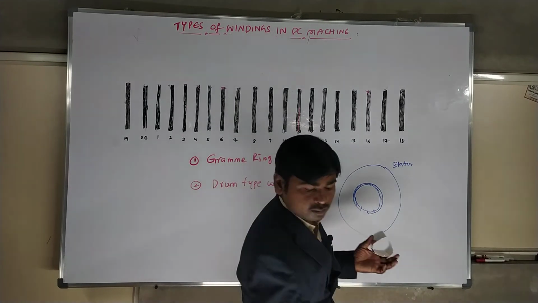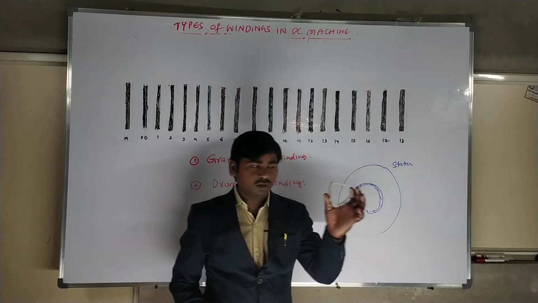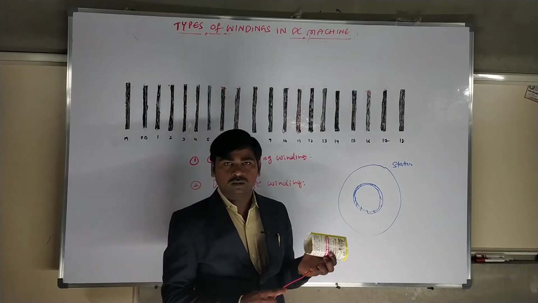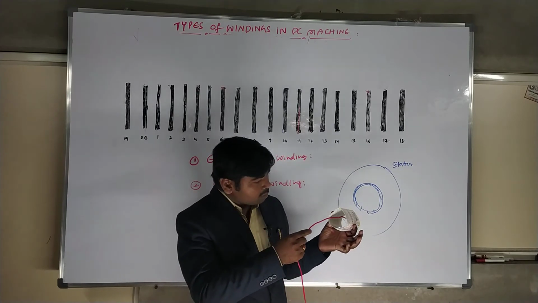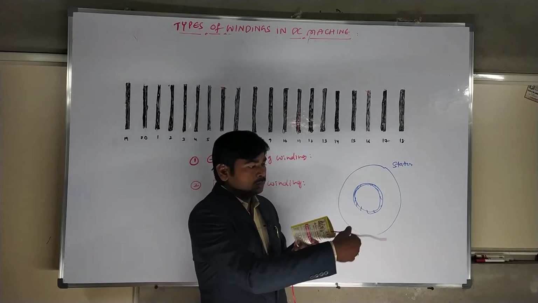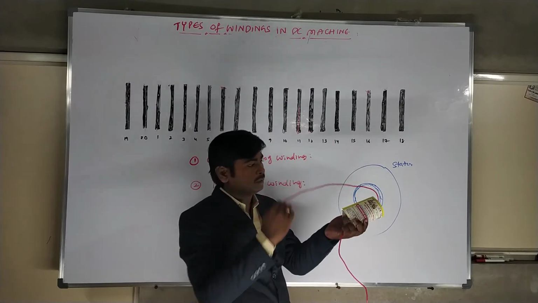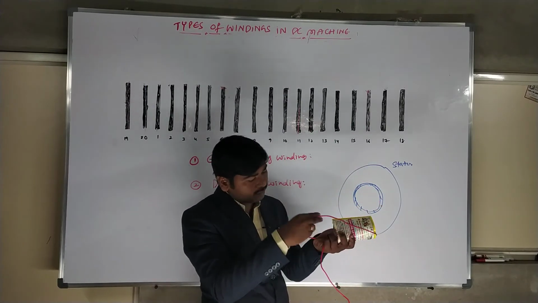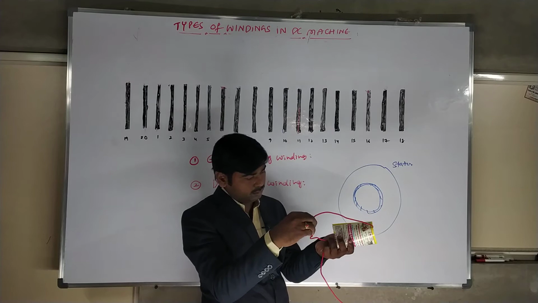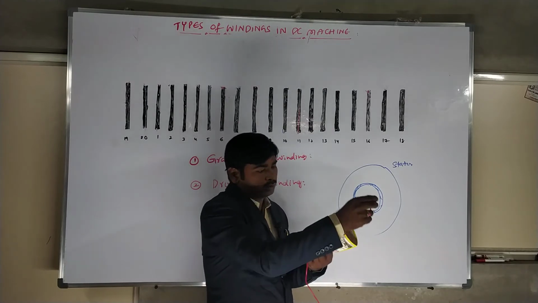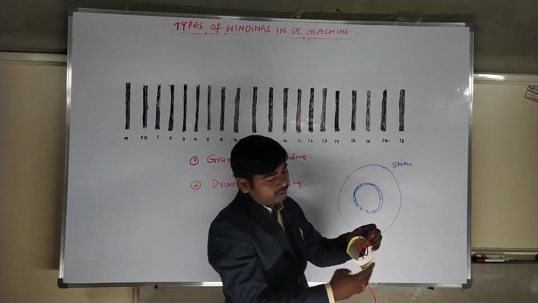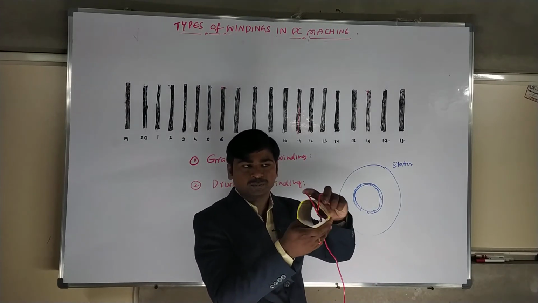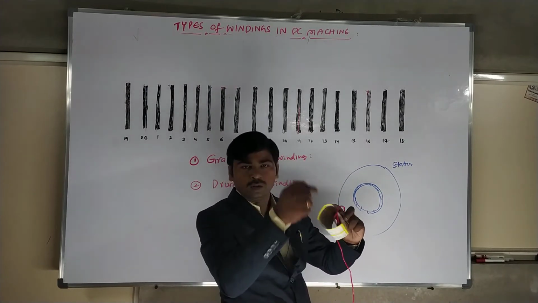How should the Gramme ring winding take place? Let us say this is a rotor body. The winding should go inside, then you take it out, then again keep the winding inside and bring it out, so the winding goes in and out in an arrangement like this.